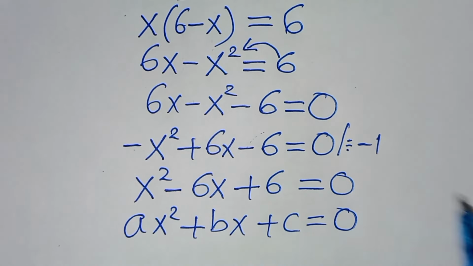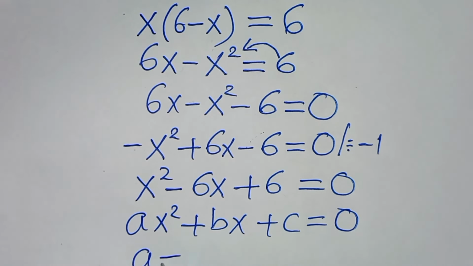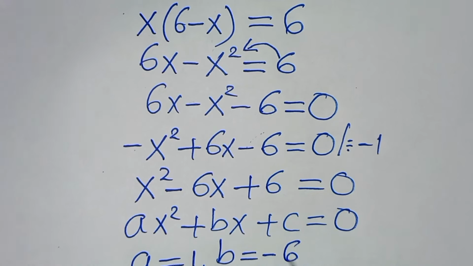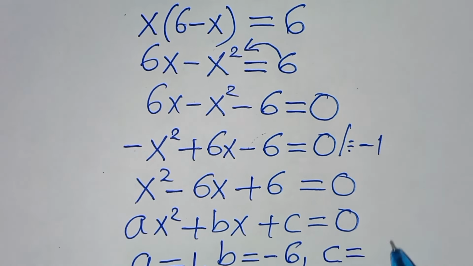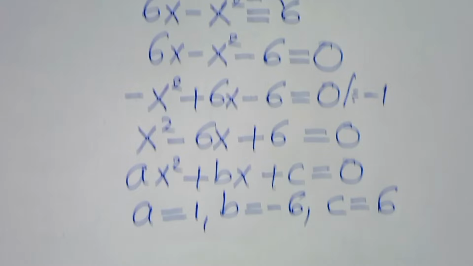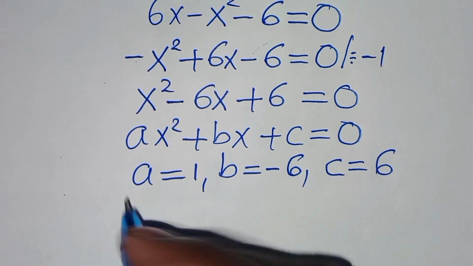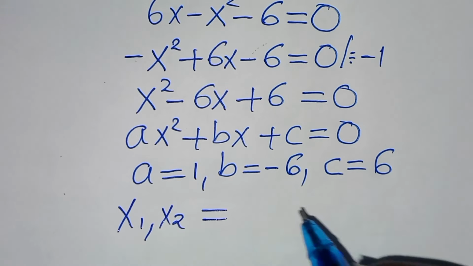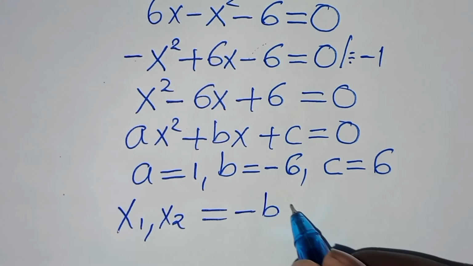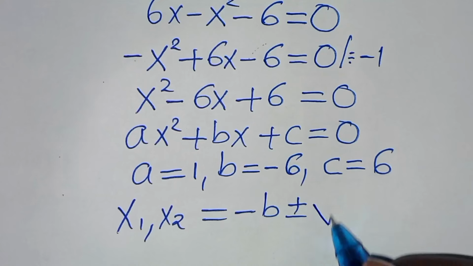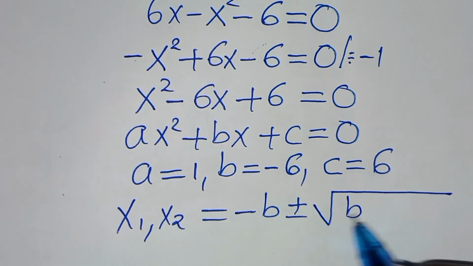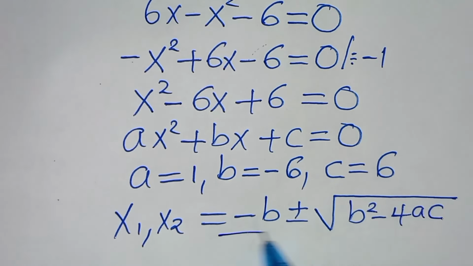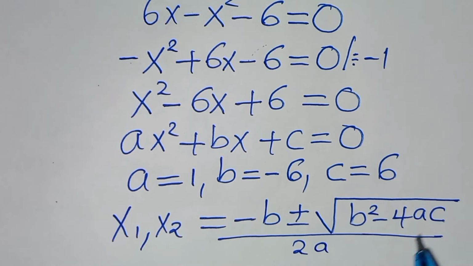From this quadratic equation, we have that a is equal to 1, b is equal to minus 6, and c is equal to 6. So this implies that to solve for x1, x2, we apply the quadratic formula, that's minus b plus or minus the square root of b squared minus 4ac, all over 2a.